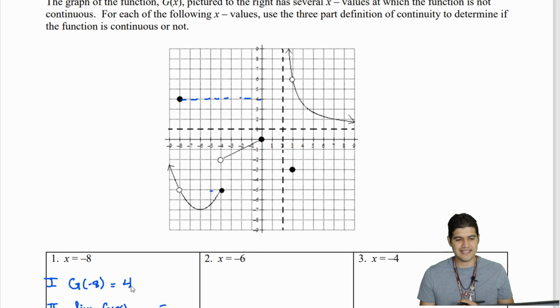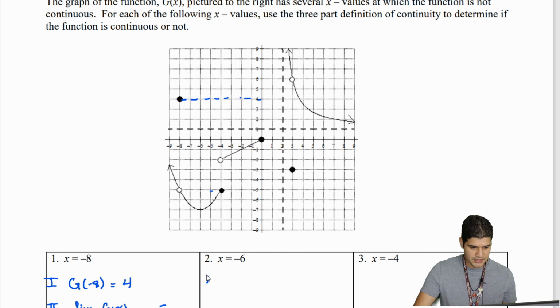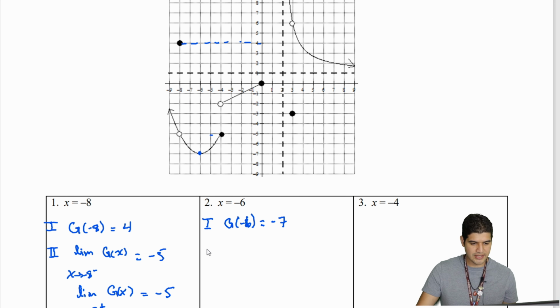Now we're going to look at x equal to -6. Our first part is just what is the function's value at -6. So I'm following the function, and it looks like it's filled in right there. So g of -6 is going to be equal to -7. Now our second part of the definition is the limits.